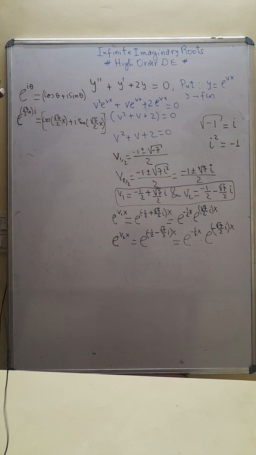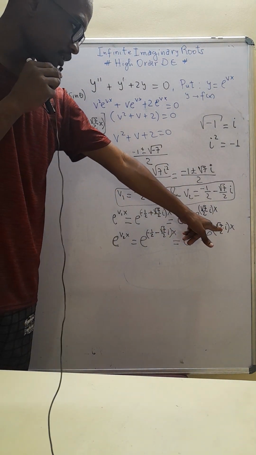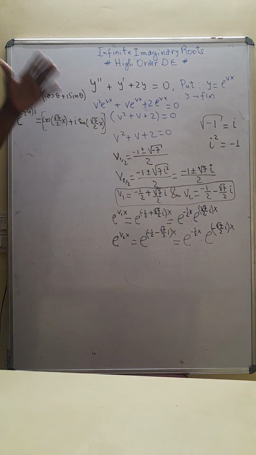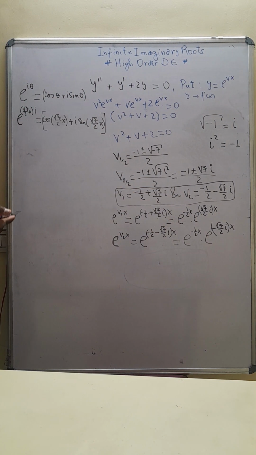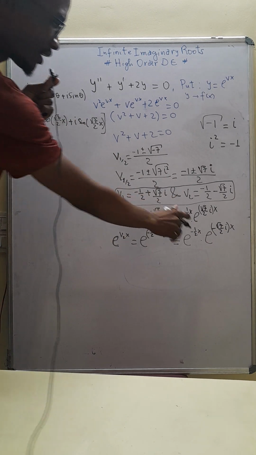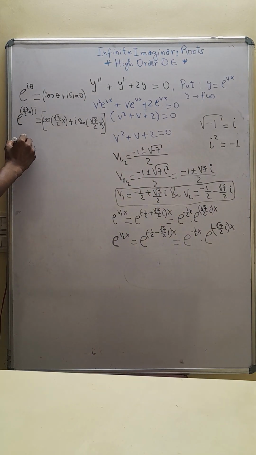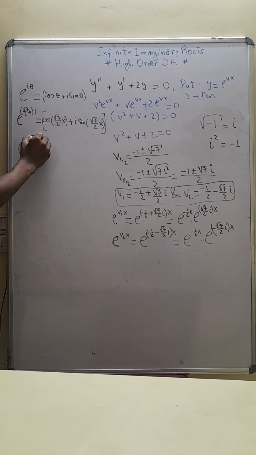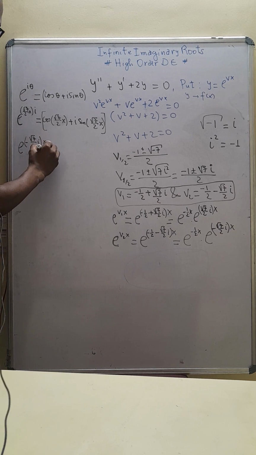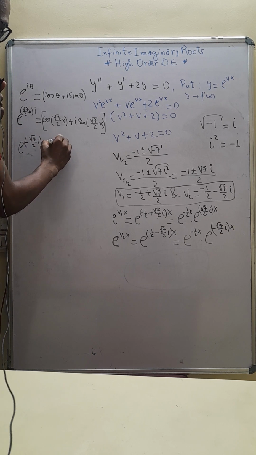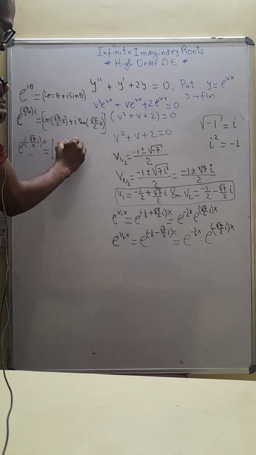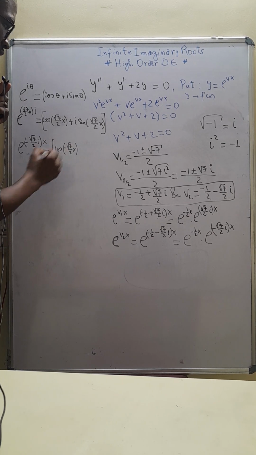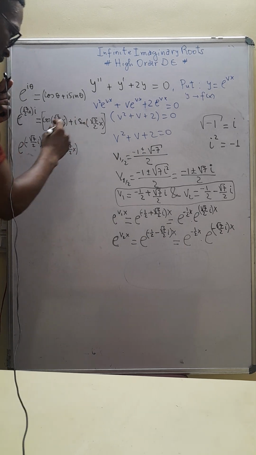So if you do the same for the other point, what will you get? Just do it for this negative one. I will get Euler raised to minus root 7 by 2 I x, and that will be equal to cos of negative root 7 by 2 x.